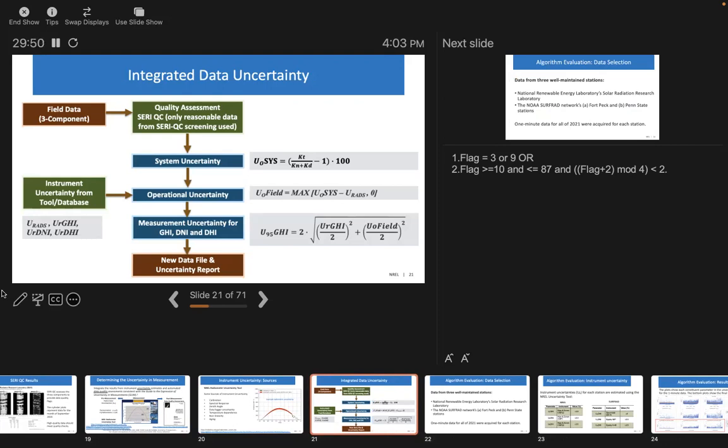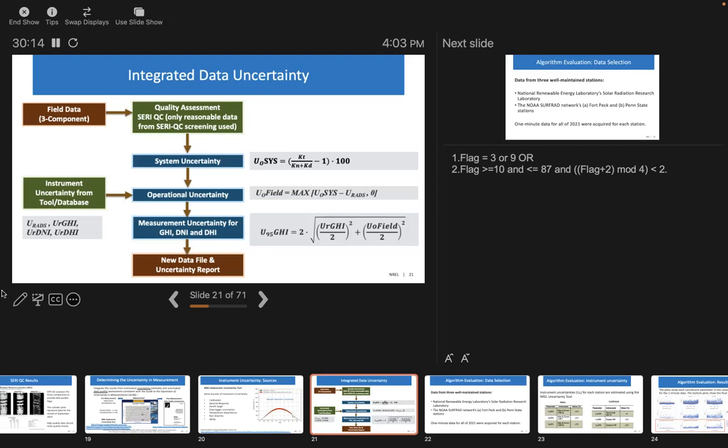Essentially what we're trying to do is we have the field data, which is data coming in, and then we do the Syracuse assessment. Like I mentioned, we have this instrument uncertainty, which is a fixed number. We have Syracuse here, and from Syracuse, we can estimate a system uncertainty. So what is the uncertainty of the whole system?